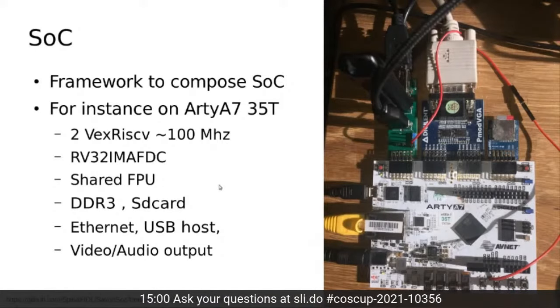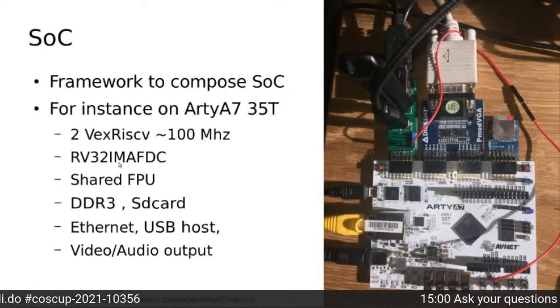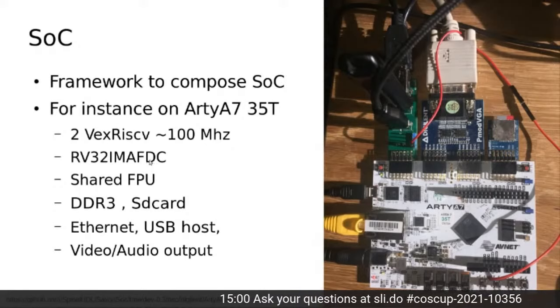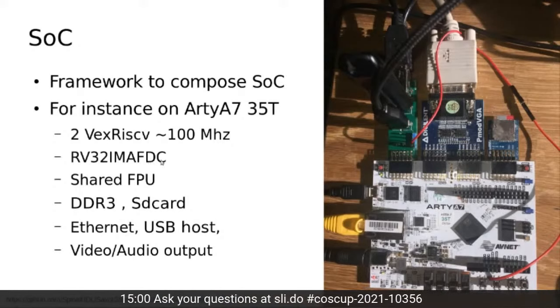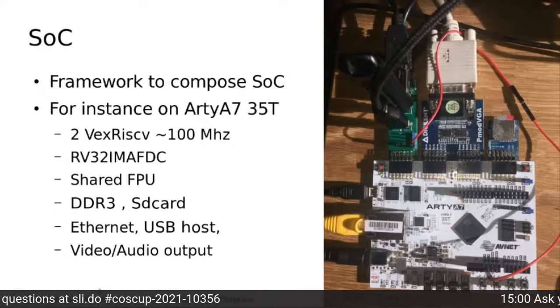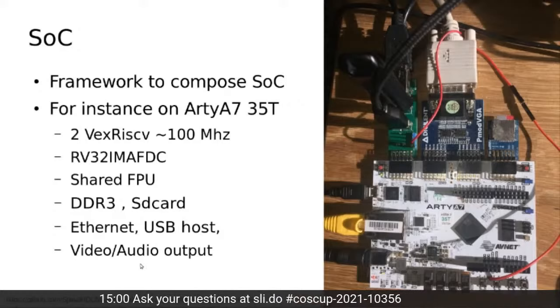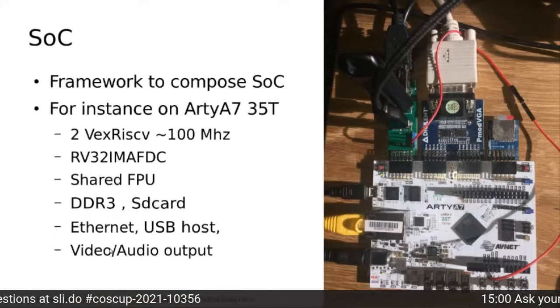Each of those CPUs implements integer operations, multiply, divide, atomic, floating point, double precision floating point, and the compressed instruction set. The FPU is shared between the two CPUs to save area. There is a DDR3 controller, an SD card, Ethernet, USB host, video output, audio output. All of this design is SpinalHDL with Scala.